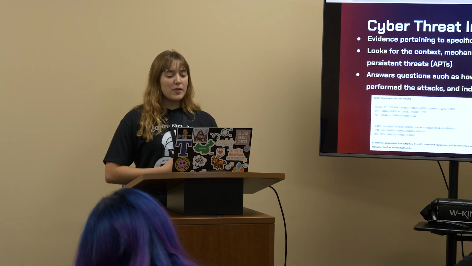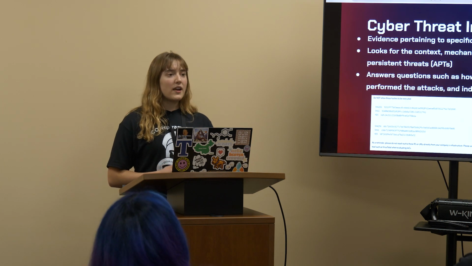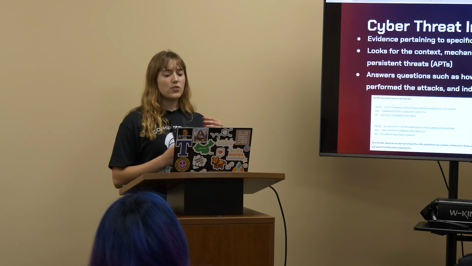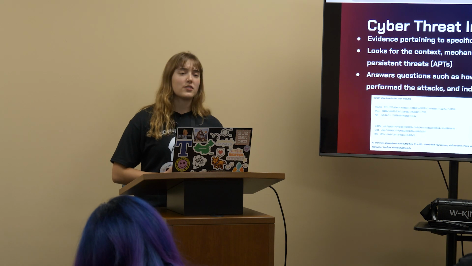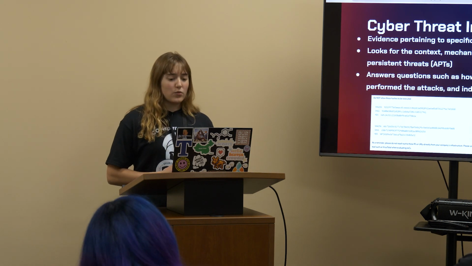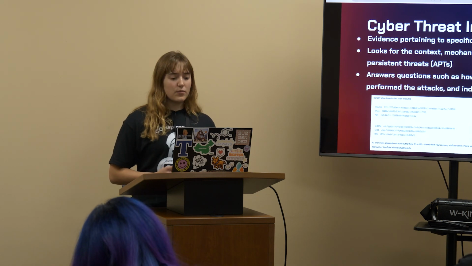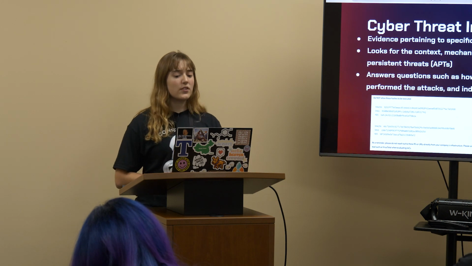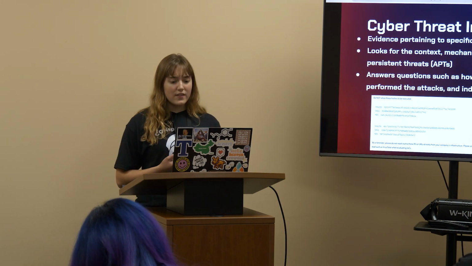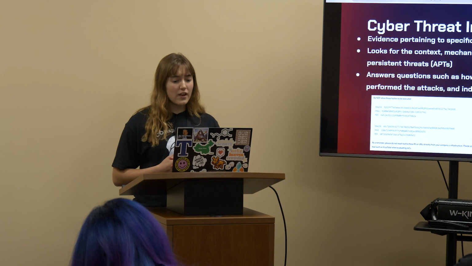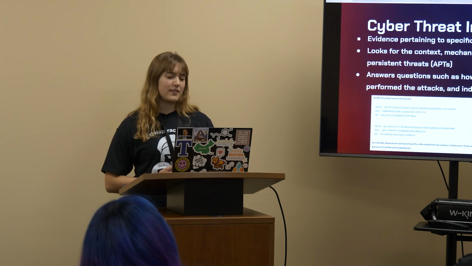So what is it? Cyber threat intelligence is evidence that threat intelligence analysts collect to correlate clues to specific threat actors. So your CTI analyst will often look for context, mechanisms, and indicators of advanced persistent threats so they can provide actionable intelligence on how to detect potential threats and how to remove them from infiltrated systems.